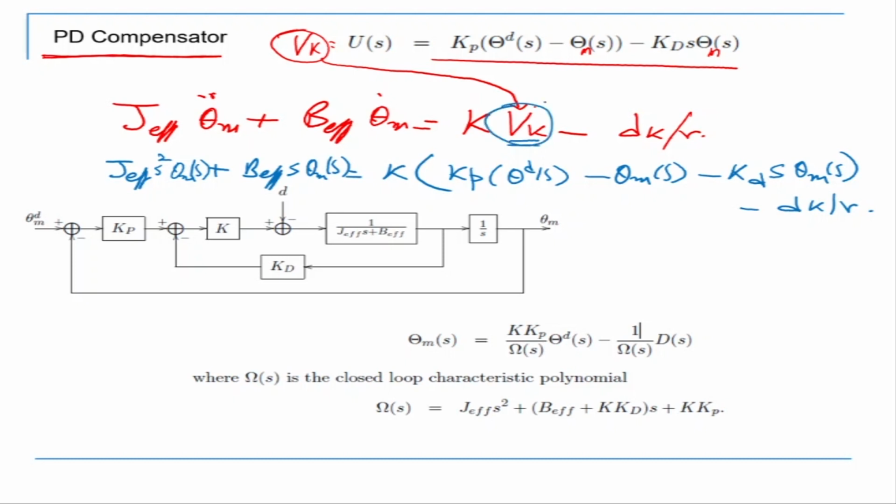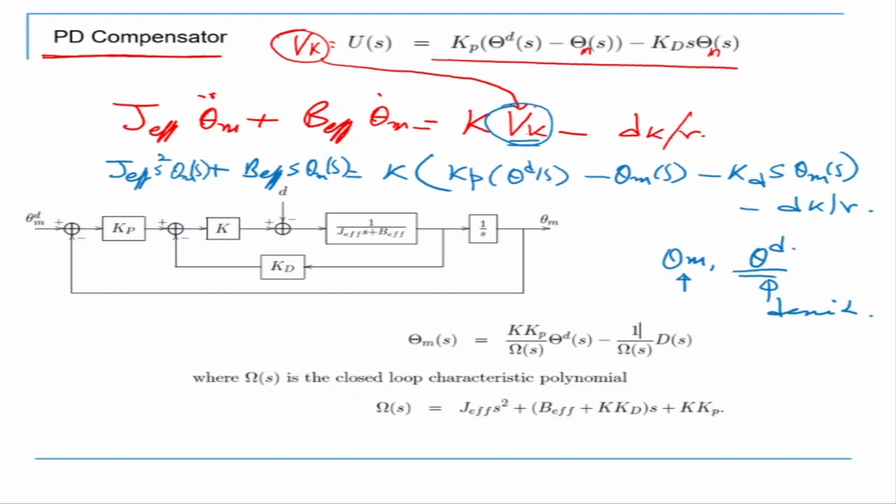I put my controller here now. So when we say design a controller, you actually make the controller and put it in here. Now you can see theta m s is there and theta d is there. Theta d is the desired position I want to go to. Theta m s is the present motor position.